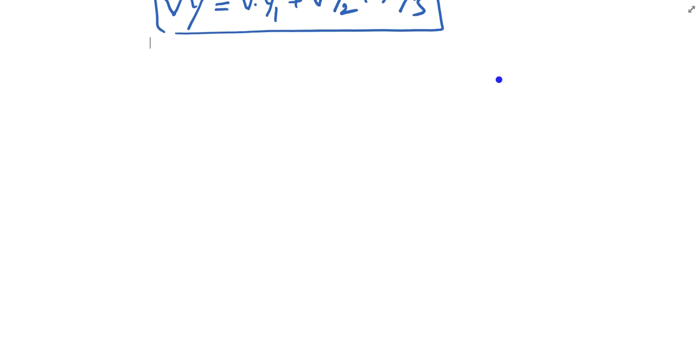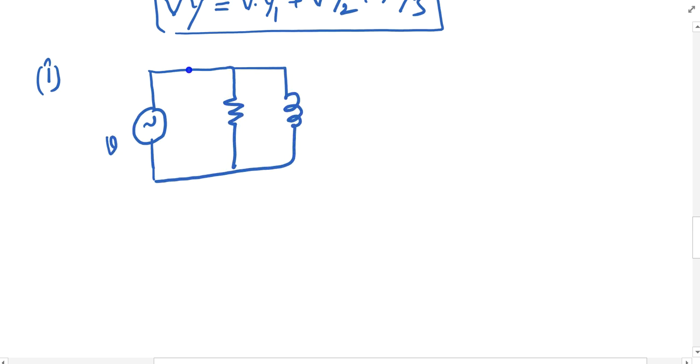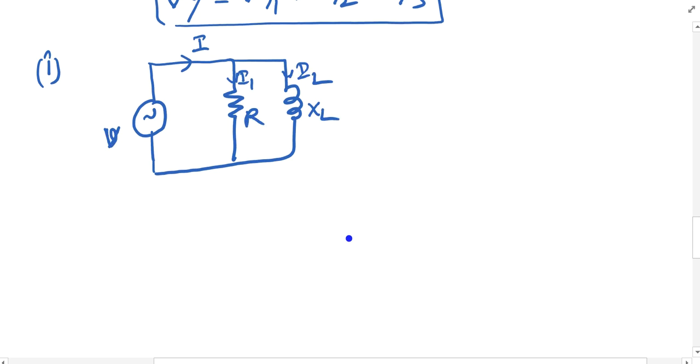So we'll take one network and work it out. Let us once again consider the parallel RL circuit with this voltage V. This is the current I, this is the phasor voltage, and this is I1 and this is I2, and this is my R, and the reactance of this inductor is XL.